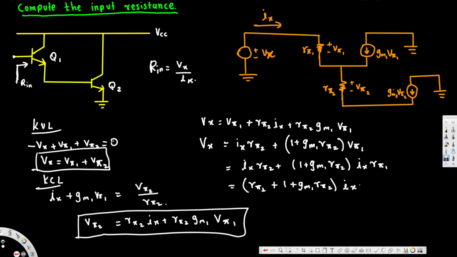R51 is not necessary outside, so I multiply here and also here, so R51 remains inside, Ix remains outside.